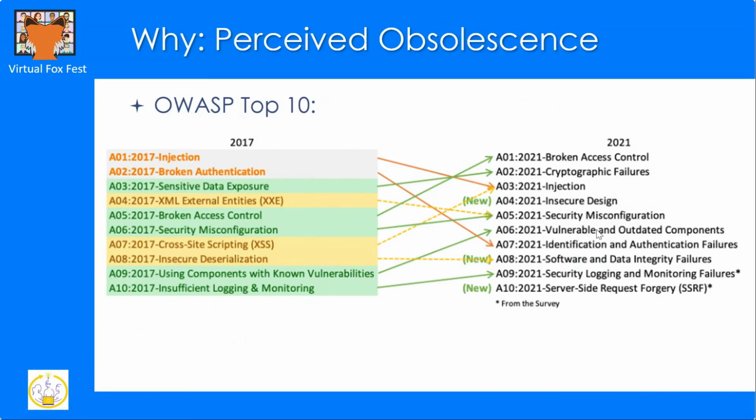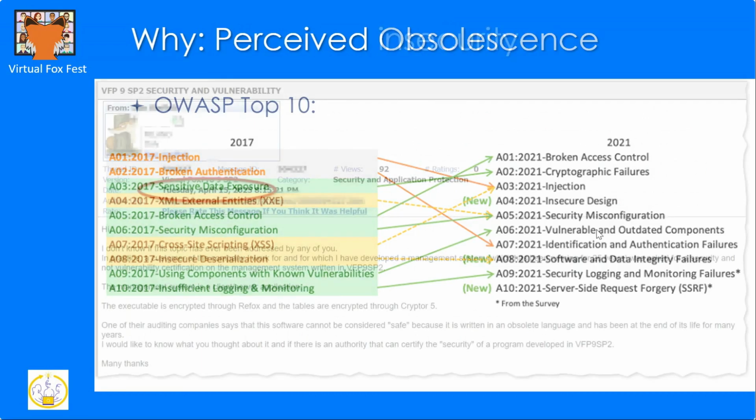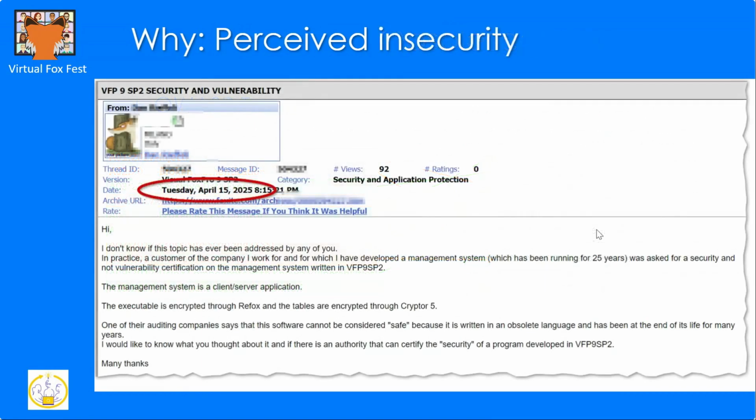And when you look at the definition of that risk, VFP scores hat tricks. It's using obsolete, unsupported runtimes, both Visual C++ and VFP9 itself, and nothing is signed. So that is a significant perception problem. And this is not a theoretical risk. This is from one of the VFP bulletin boards.